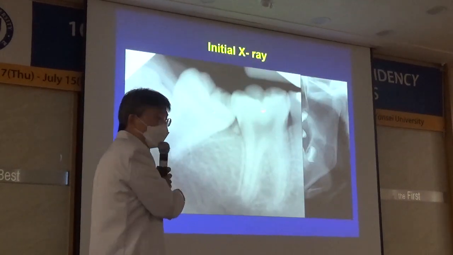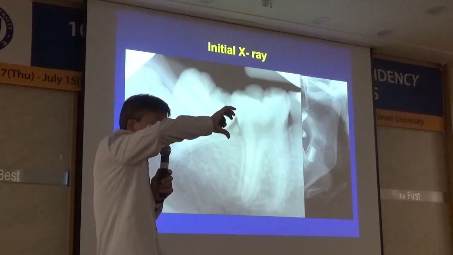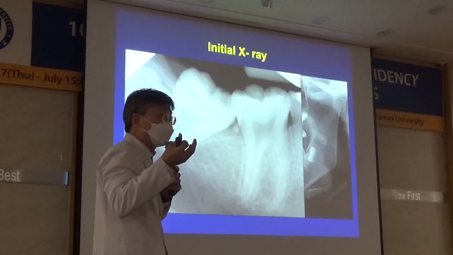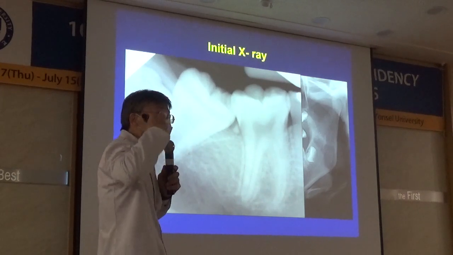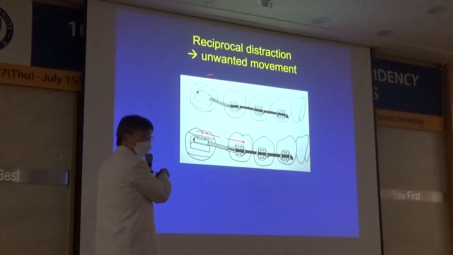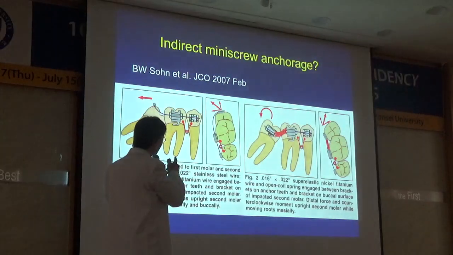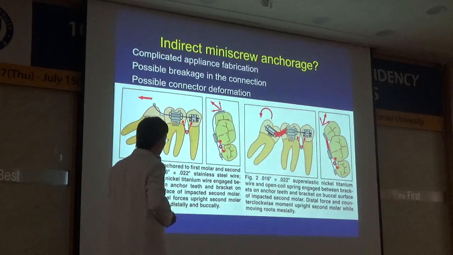So, mild mesial angulation. What does it need? Rotation. Maybe you can twist the second molar, but not easy. How do you think you can twist the second molar? Not easy. But if you give a single force, you'll be able to upright it. You don't. This is too complicated.